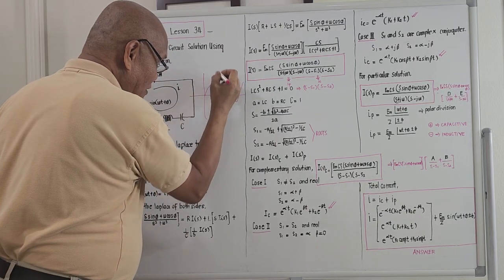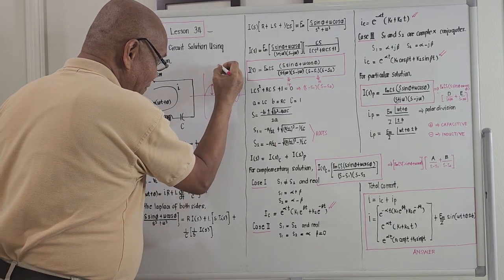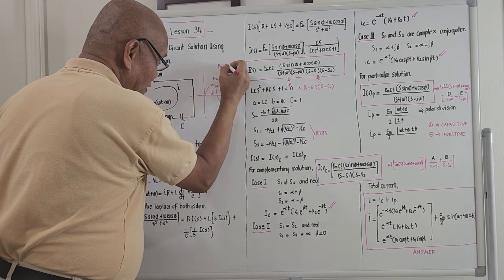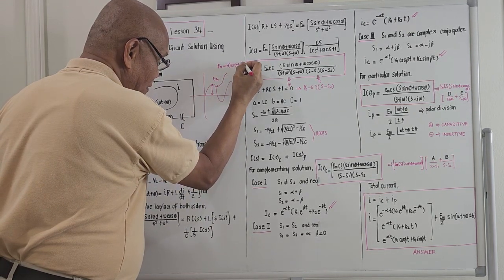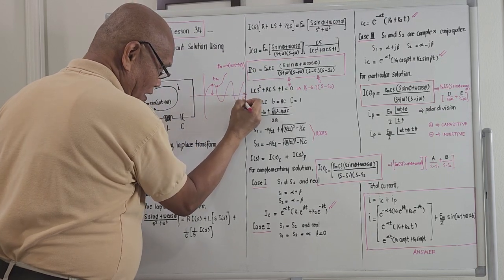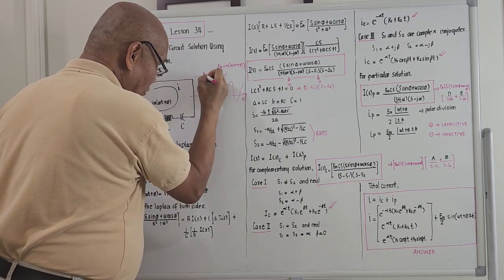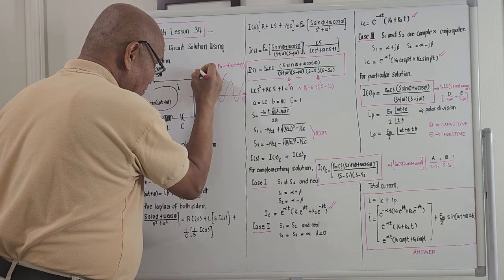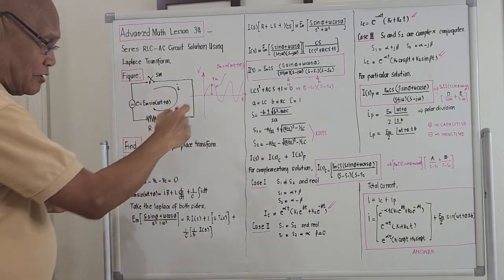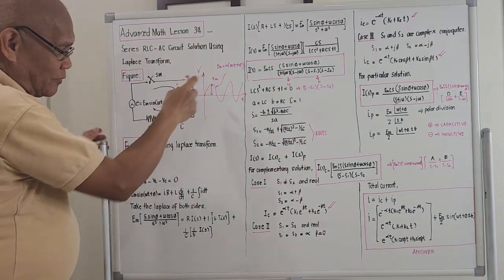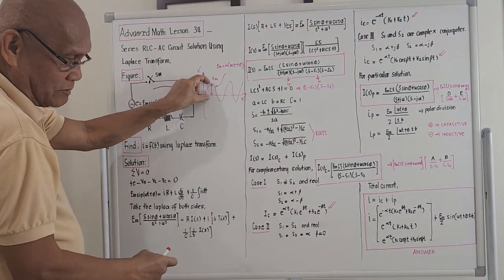The abscissa is time, and the ordinate is voltage. It's a sinusoidal, so this E sub m refers to the maximum voltage.